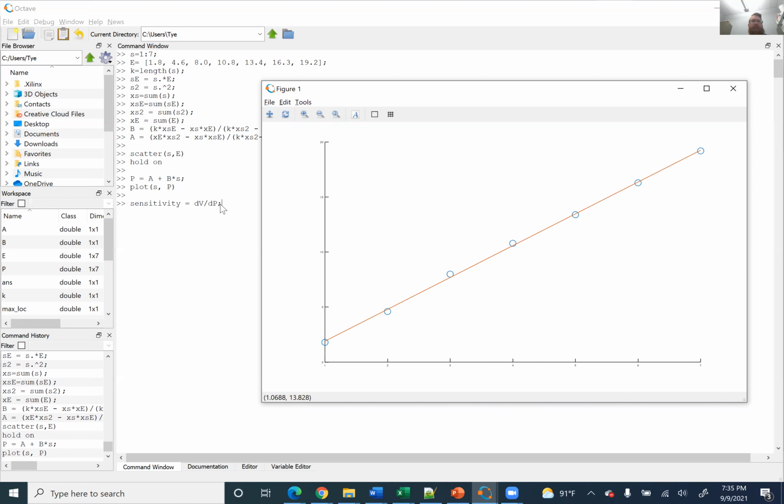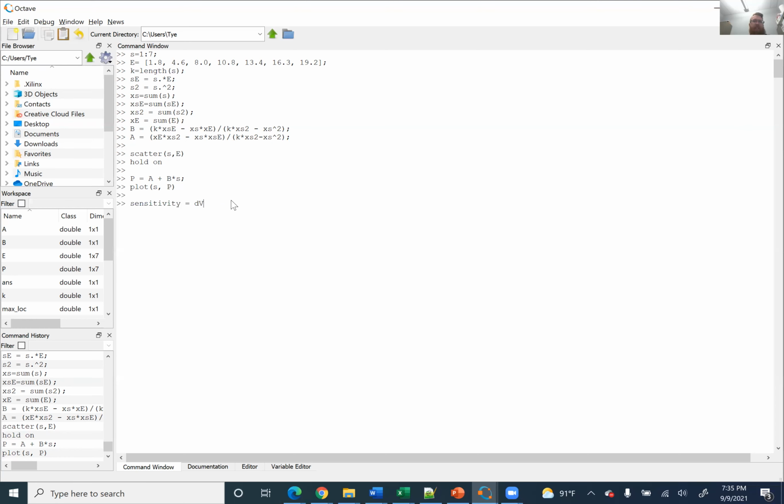It's not the same as your example, but what's convenient is B is your sensitivity, because that's what the units of the slope have to be in order for it to make sense. I'll add a little note here so you guys can follow along. Comments mean notes.